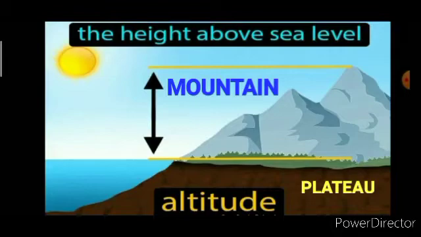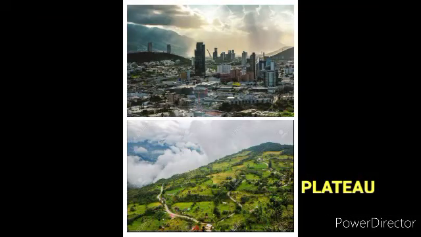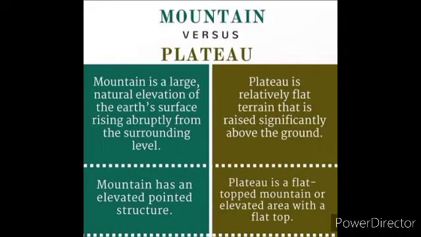Plateaus are generally lower in height than mountains, but there are plateaus higher than some mountains. Because of their flat surface, plateaus are densely populated, whereas because of steep slopes, mountains are less populated. So children, these are the basic differences which differentiate mountains and plateaus.